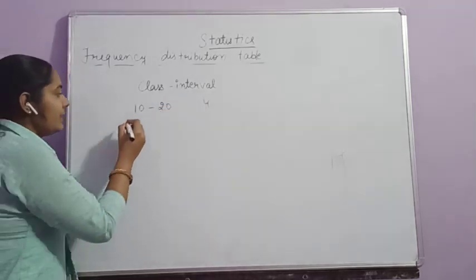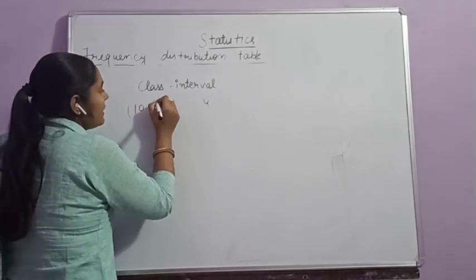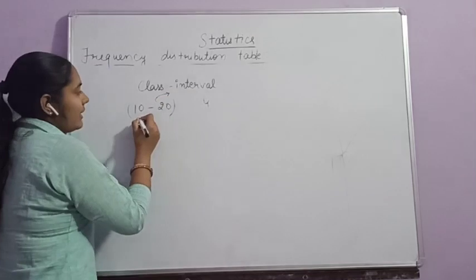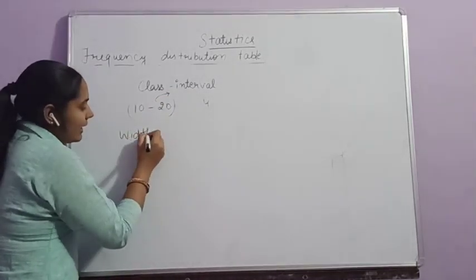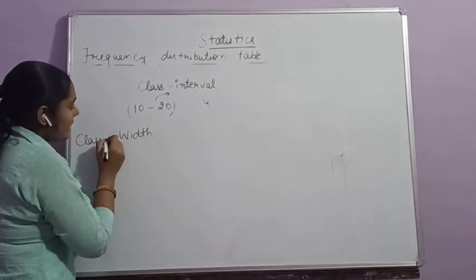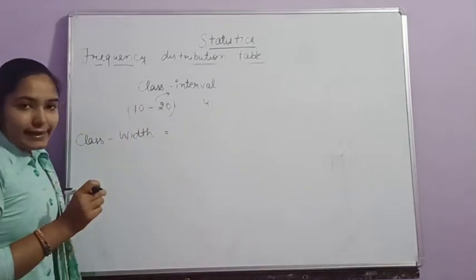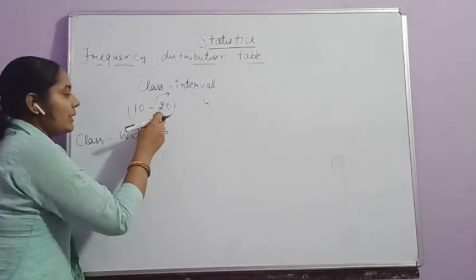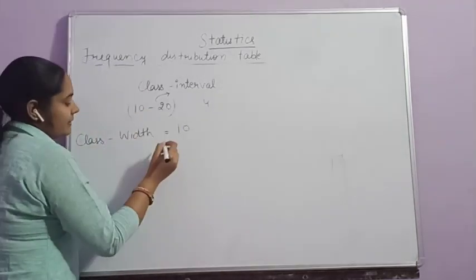Here 10 to 20, that is the class interval. Here width of class, or you can say class width, is difference between highest and lowest value. 20 minus 10, that is 10.